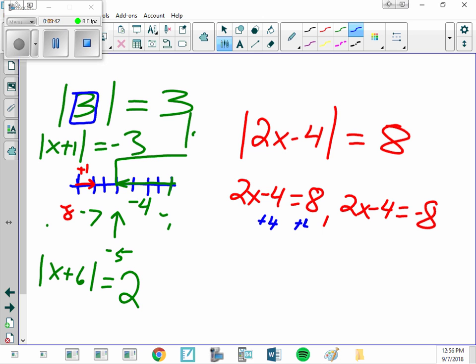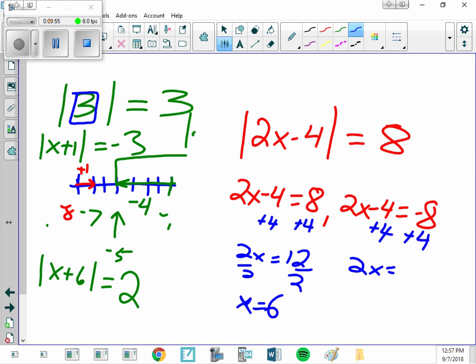Plus 4, 2x equals 12, divide by 2, and I get x equals 6, which is one of our answers. And then I add 4, 2x equals negative 4, and divide by 2, and x equals negative 2. Okay? So once you have an absolute value equal to some number, you split it into two equations and the absolute value disappears.